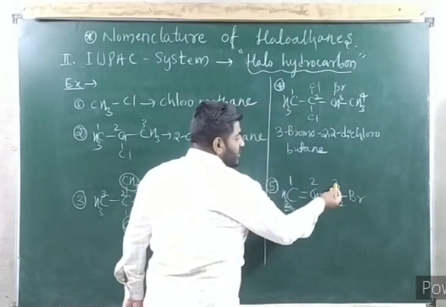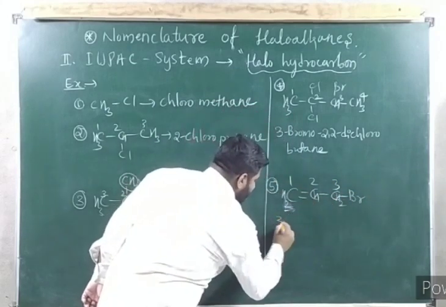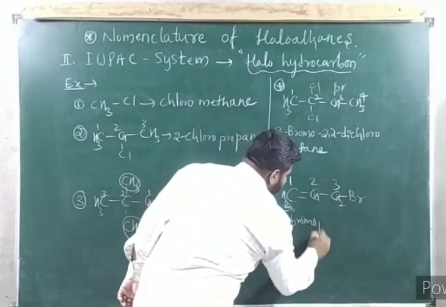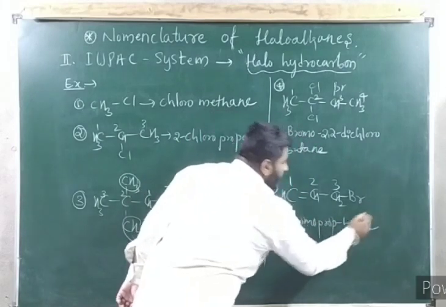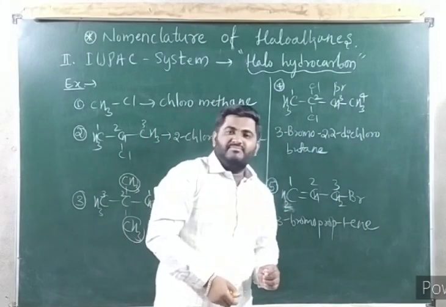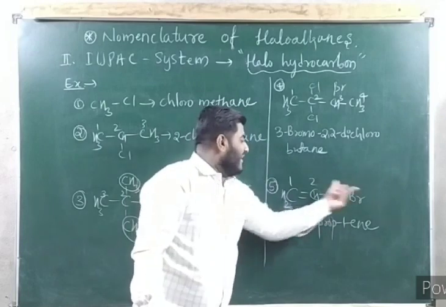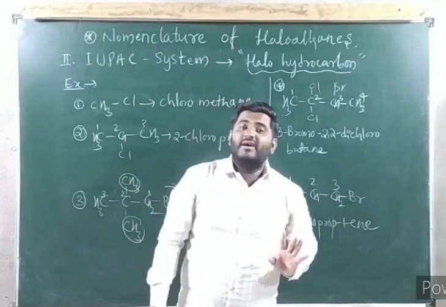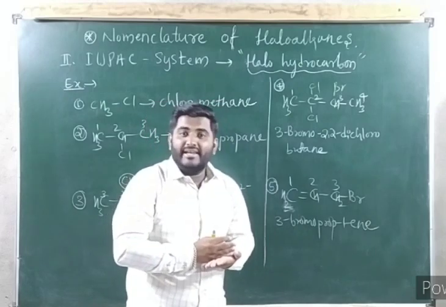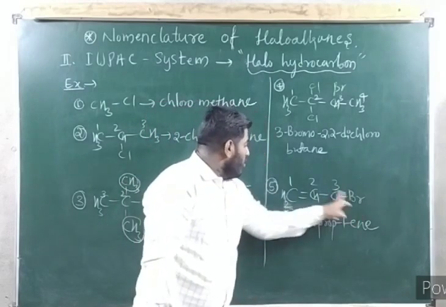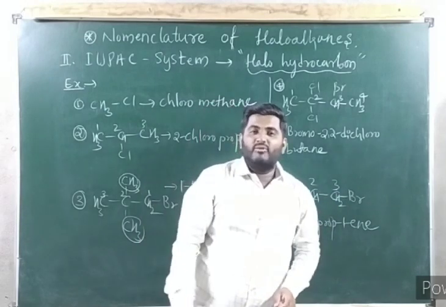So third position what is there? 3-bromoprop-1-ene, because the double bond is at the first position. Why have we taken 1, 2, 3? Because in this fashion, the alkene gets the lowest number. So we should give the alkene the lowest number. Getting my point? So 3-bromoprop-1-ene. First position double bond. I hope you are getting it.